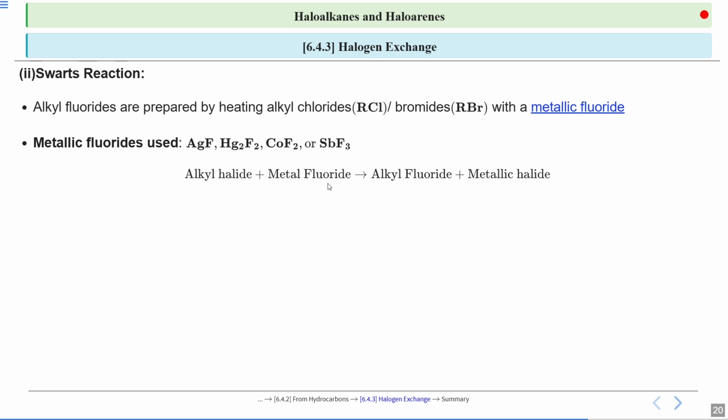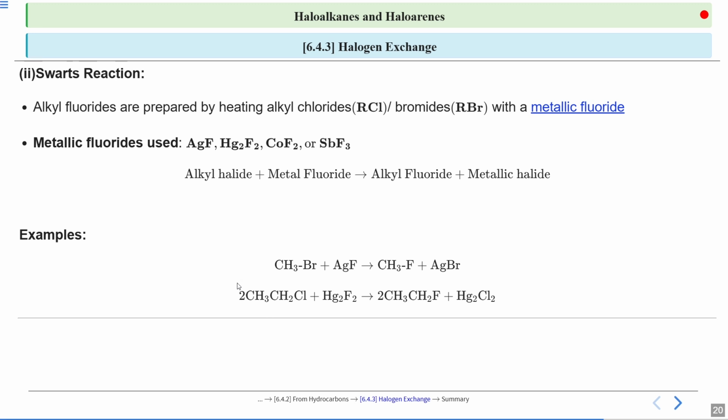This fluorine attacks the alkyl group to give you alkyl fluoride, and the metallic halide is your side product. As an example, CH3Br, an alkyl bromide, reacts with the metal fluoride AgF, giving methyl fluoride CH3F, plus AgBr, a metallic halide.